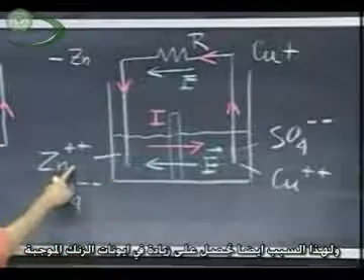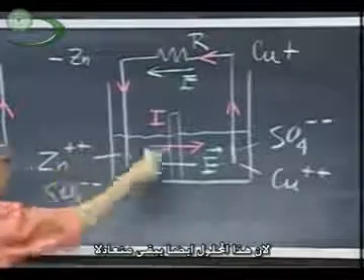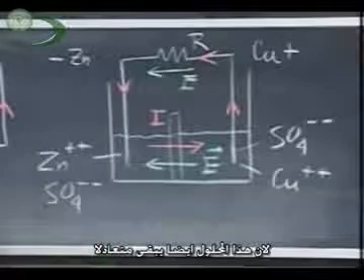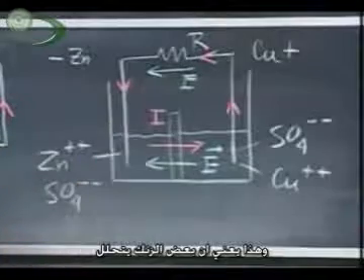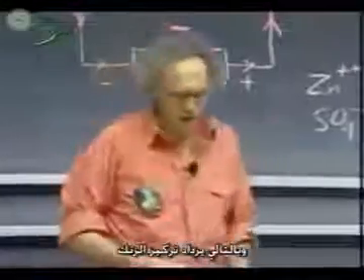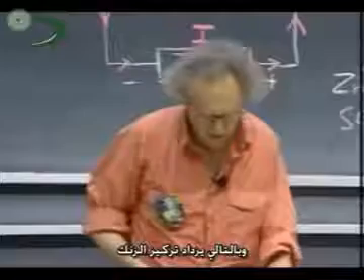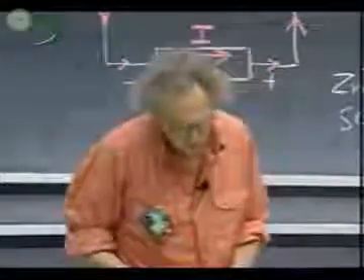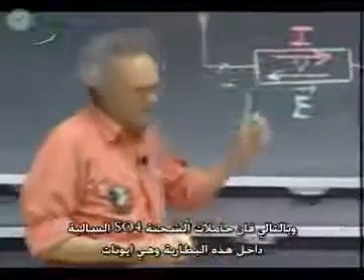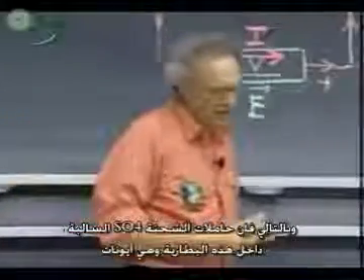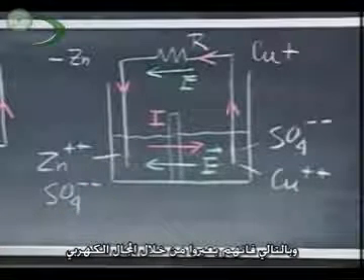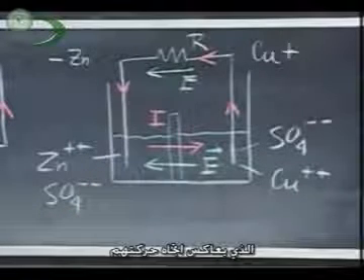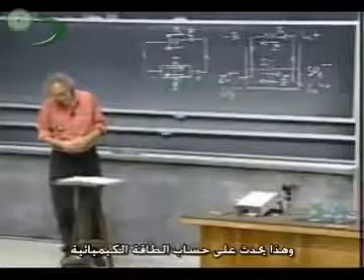Therefore, you also must get an increase of zinc plus, because again, this liquid there remains neutral, and that means that some of the zinc is being dissolved. So you get an increase in the concentration of the zinc. So the charge carriers inside this battery, the SO4 minus ions, travel through this barrier and they go from here to here. So they travel through an electric field that opposes their motion. And this happens at the expense of chemical energy.